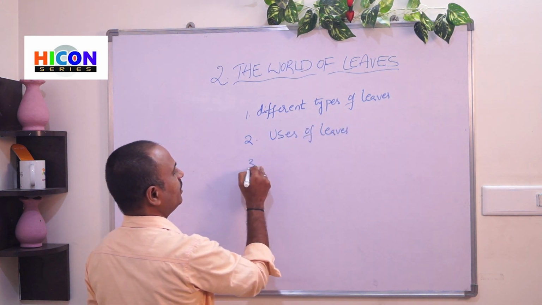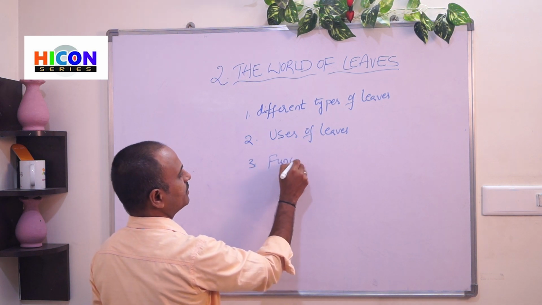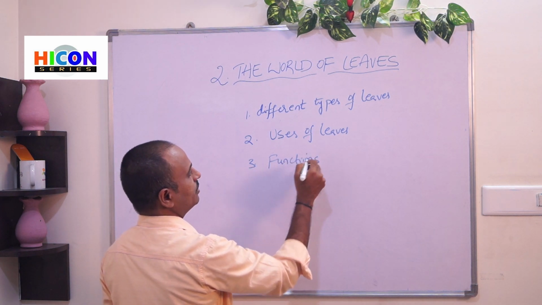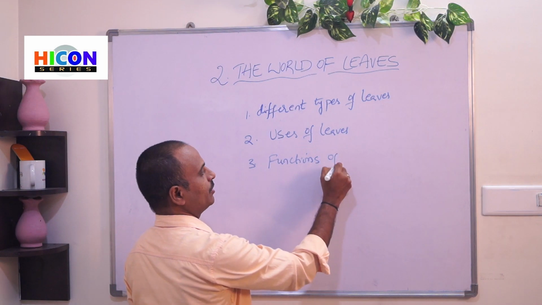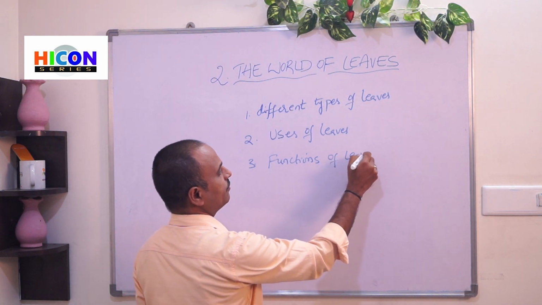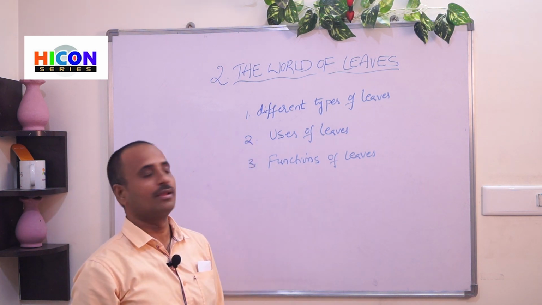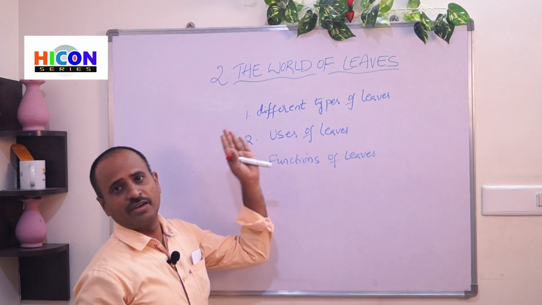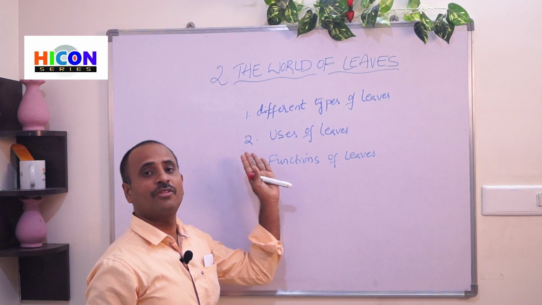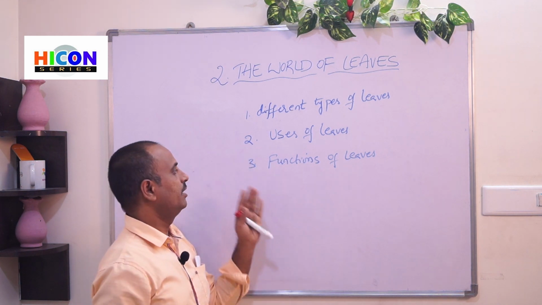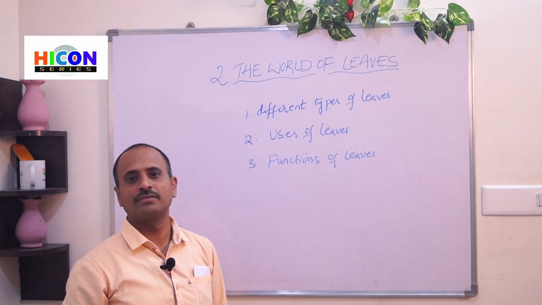And the third one is the functions of leaves. So in this chapter, we are going to discuss these three topics: what are the different types of leaves, what are the uses of leaves, and what are the functions of the leaves.